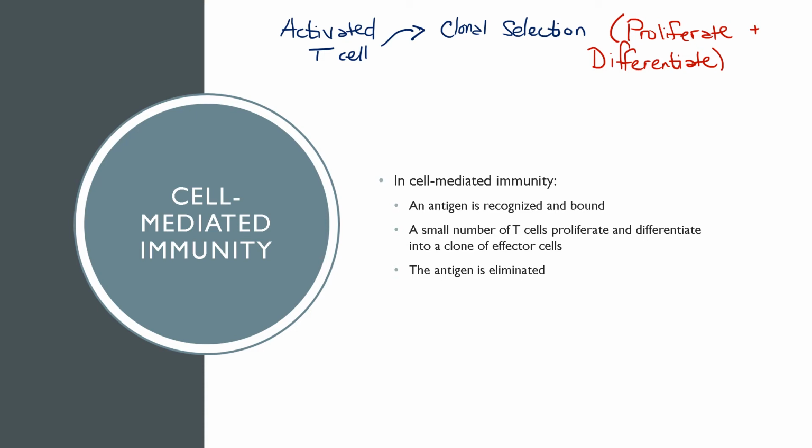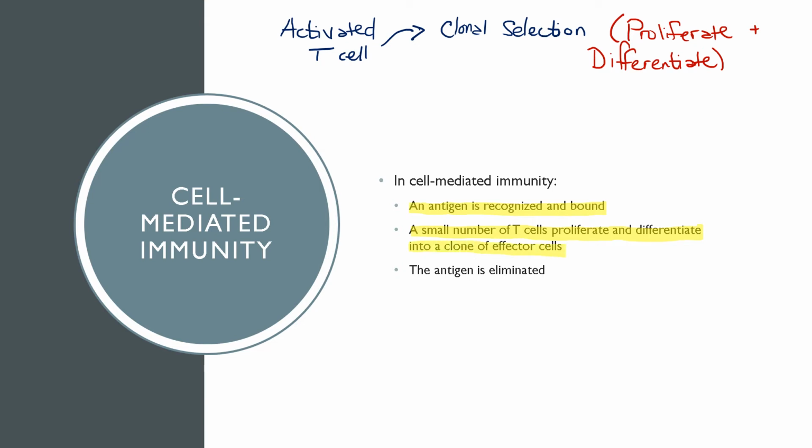Now the effector cells of a T cell clone will carry out immune responses that ultimately result in the elimination of the intruder. So we're going to have this antigen is recognized and bound, which activates that T cell. And then a number of T cells will proliferate and differentiate into clone effector cells.